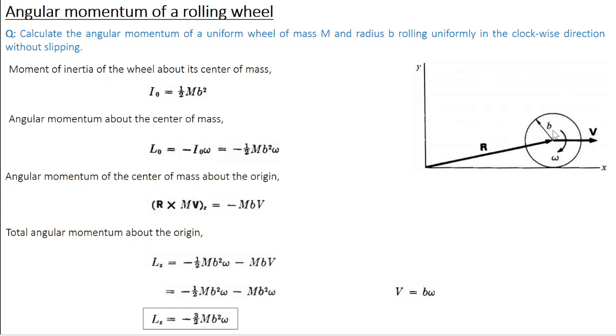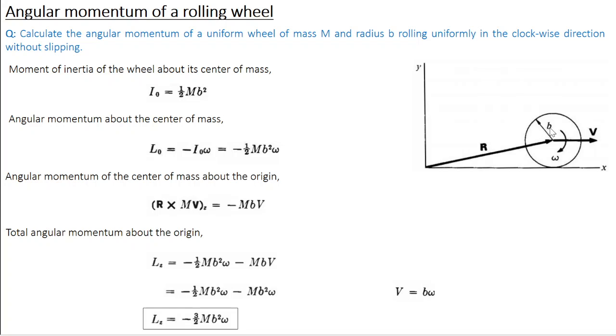The rotation is in the clockwise direction. Let omega be the uniform angular velocity. The position vector of the center of mass with respect to the inertial system is capital R, and capital V is the velocity of the center of mass.